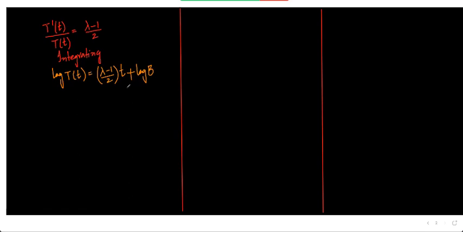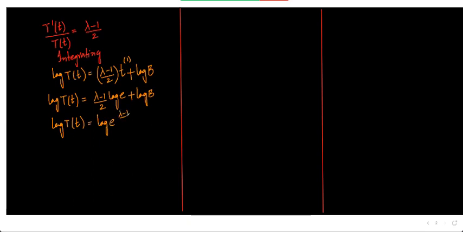Yeah. So then again assume nothing is there, meaning 1 is there. Then this will continue: log of T is equal to lambda minus 1 by 2 into 1, which can be written as log e, again plus log b. And again assuming it is in n log x form, we write it as log x to the power of n, plus log b.